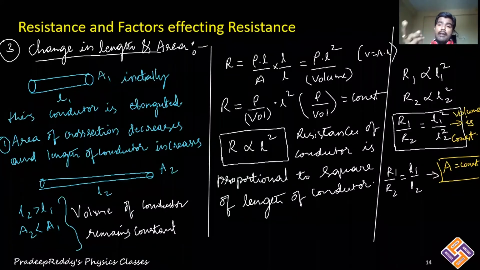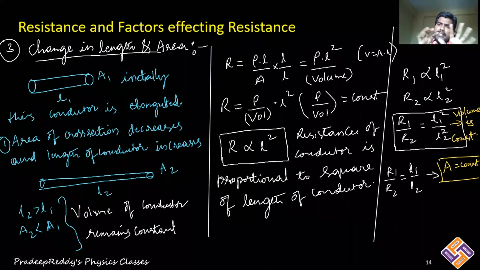Sometimes you may have two different conductors of different lengths as well as areas of cross section. You will take a conductor of length L1 and area of cross section A1. You are taking another conductor of length L2 and area of cross section A2. But the volumes of those two conductors are not constant.